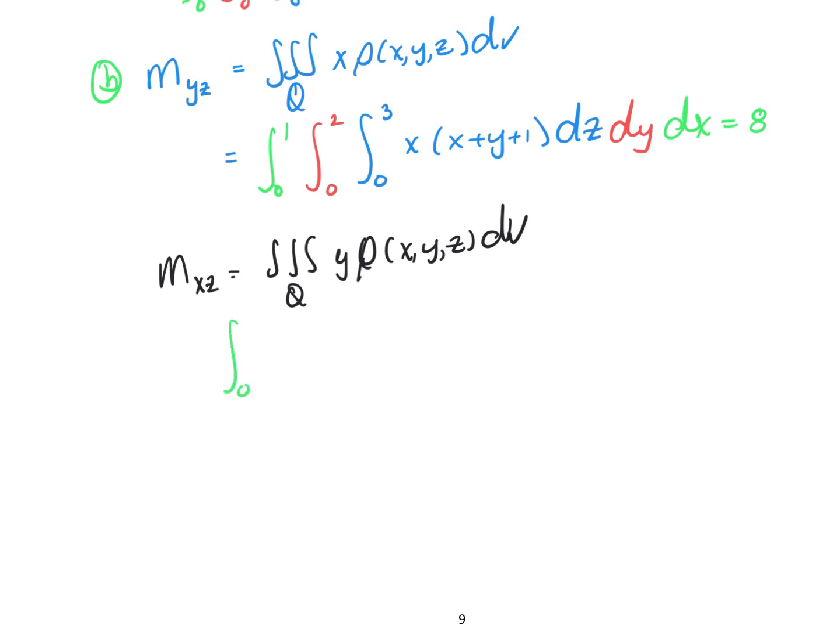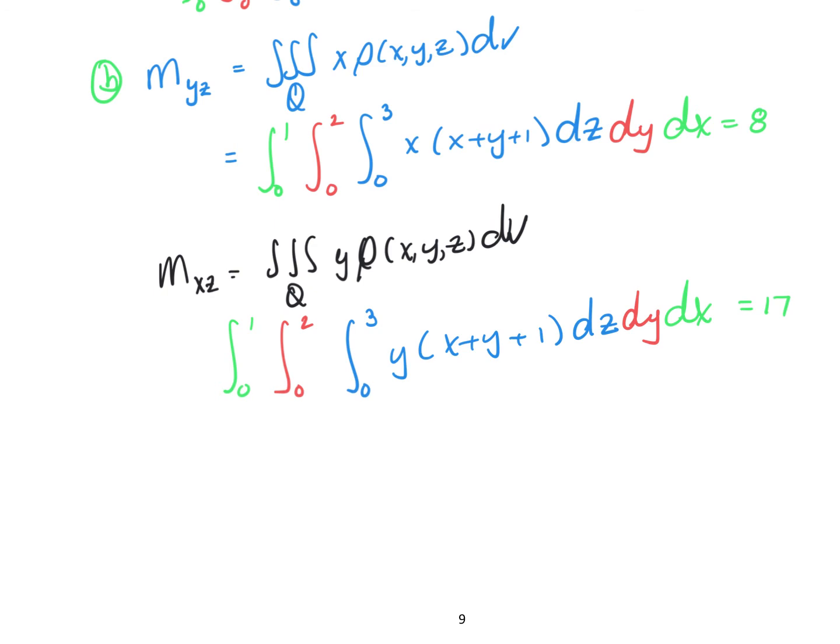Starting with my x's, 0 to 1, my y's, 0 to 2, and my z's, 0 to 3, and now I'm going to have a y, x plus y plus 1, of dz, dy, and dx. And when I get done here, I end up with just 17.